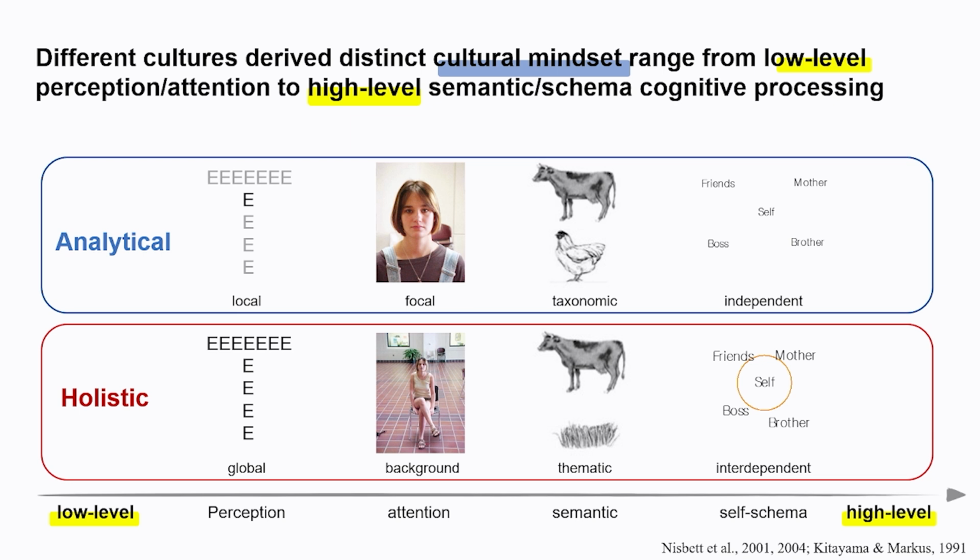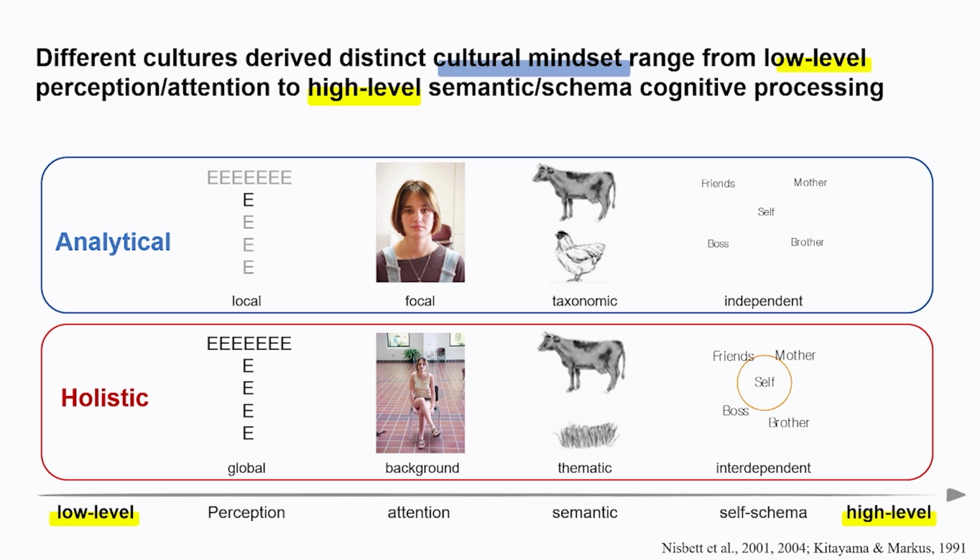Generally, Easterners tend to engage in a more holistic mindset, while Westerners tend to engage in a more analytical cultural mindset. And this distinct cultural mindset affects our cognition at nearly all levels, from low-level perception or attention to high-level semantics or schema.